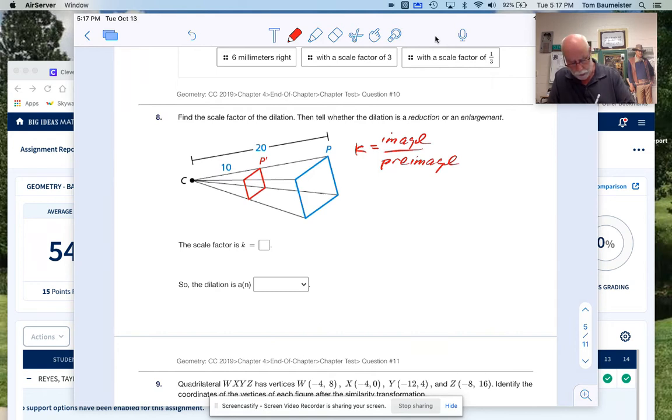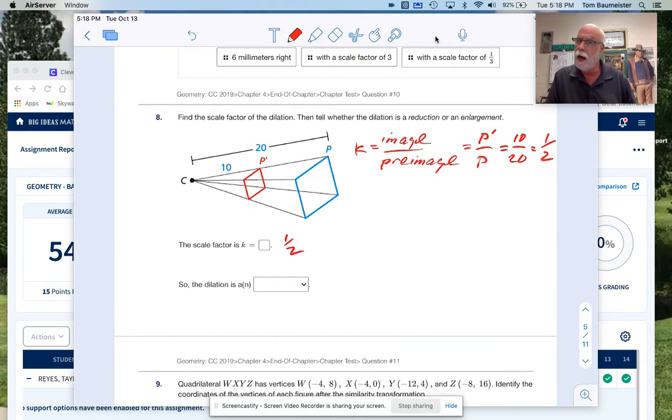The easiest way to remember it is the image is the prime one. Sorry, my bad. And then the preimage is what we started with. So if we look at that, we're going to get 10 over 20. And if I do that, I'm going to get 1/2. So our K is equal to 1/2.